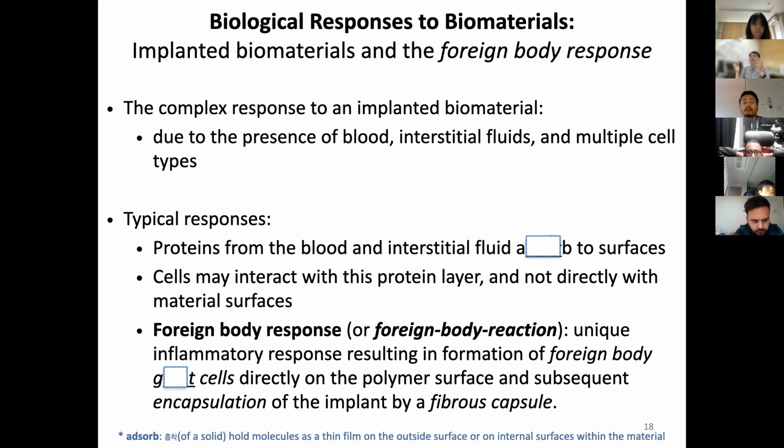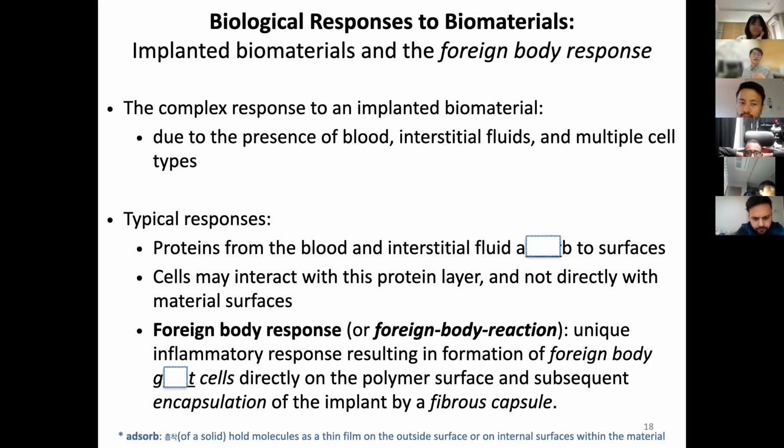So when we have an implant, whether we need it or not, sometimes even a pacemaker is a foreign body inside the body, or a filler for cosmetic purposes is a foreign body too.